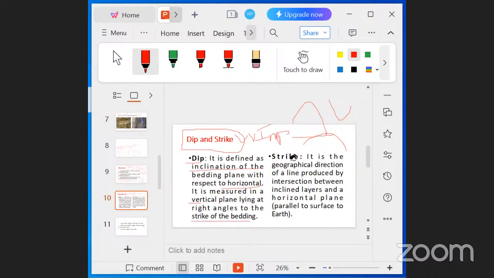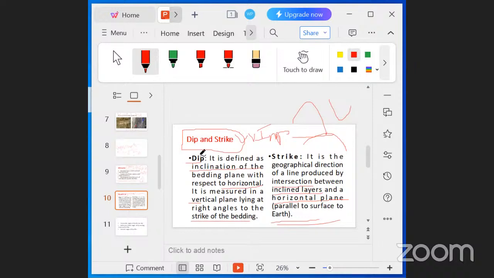This is dip. Now strike is the geographical direction of a line produced by the intersection between the inclined layer and a horizontal plane, which is parallel to the surface of the earth.